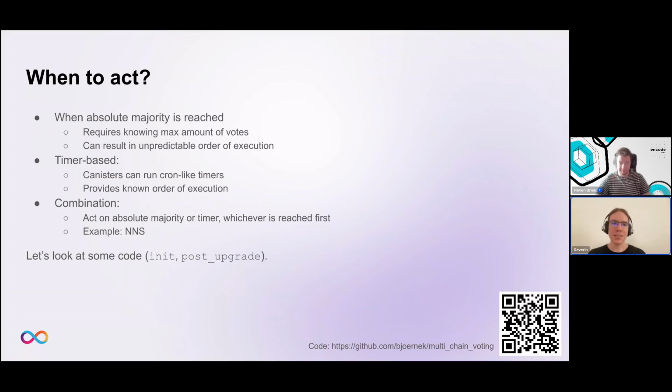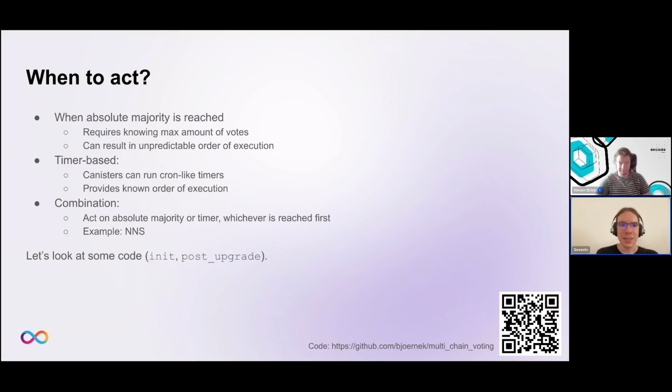Then if you want to have the best of both worlds, you make a combination. So there, if you get an absolute majority, you execute the proposal early. Otherwise, you just wait until you've given it enough time.